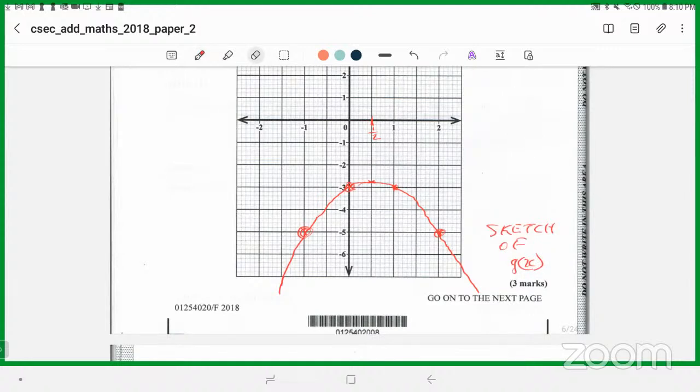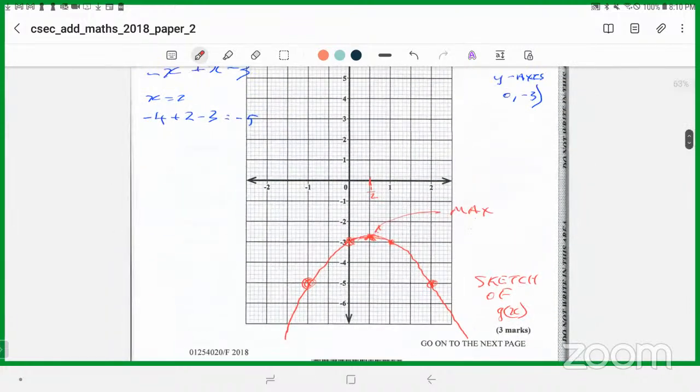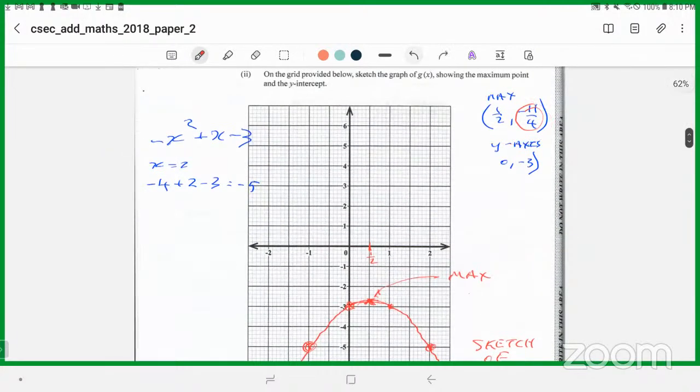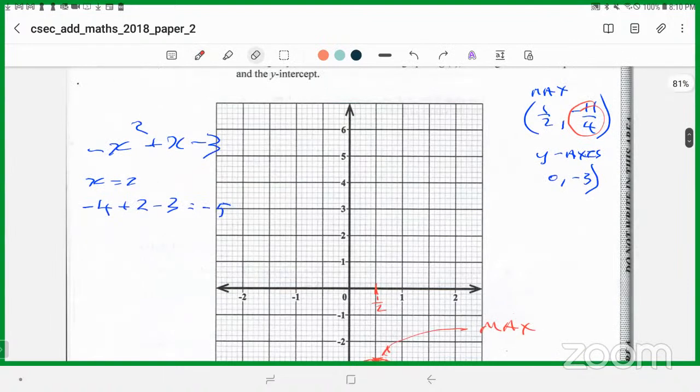Yeah, because I can't draw it neatly. CSEC doesn't care about whether it's beautiful or not, eh? They just want to make sure you put on the right point. So this is my maximum point. And I stated the coordinate up here. I'm leaving this on my paper. I'm not going to erase it.